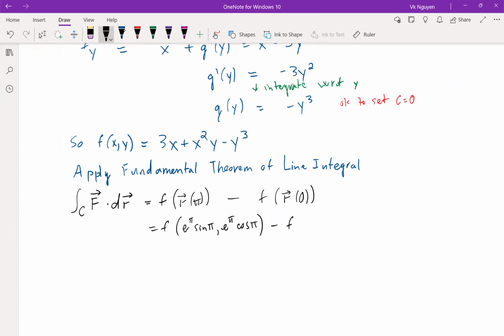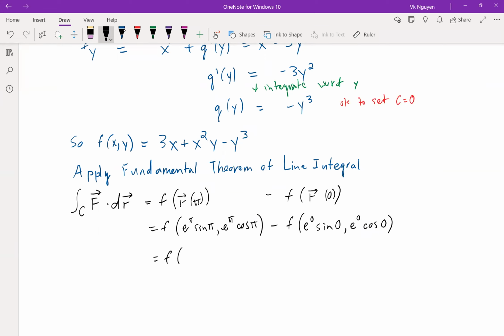Minus f of, okay, I'm going to write right here, e to the 0 sine 0, e to the 0 cosine 0.